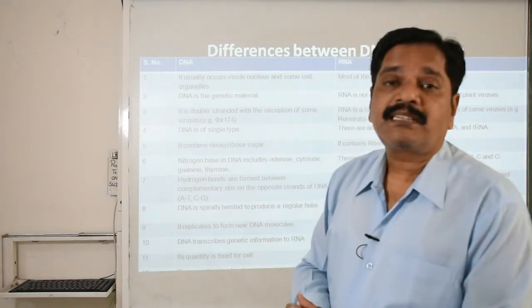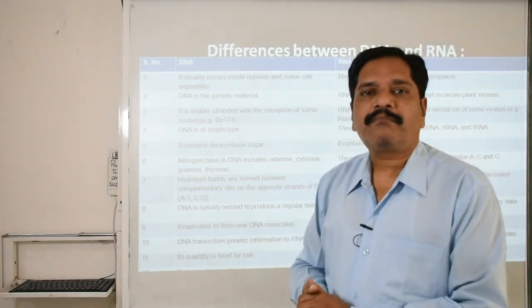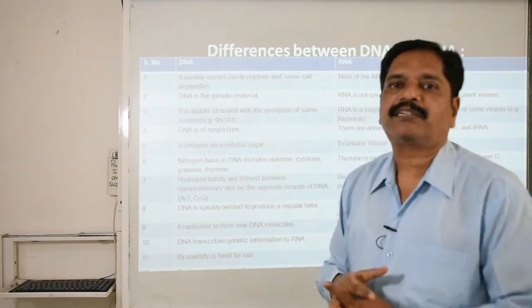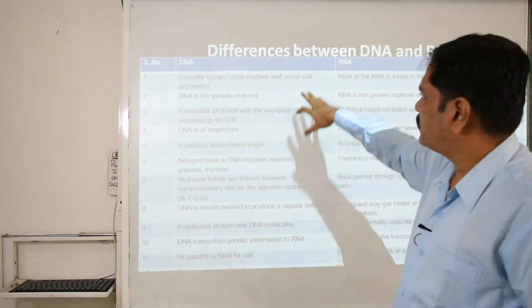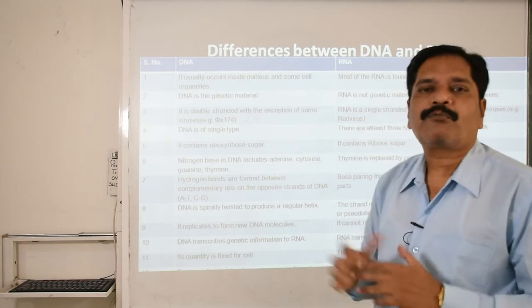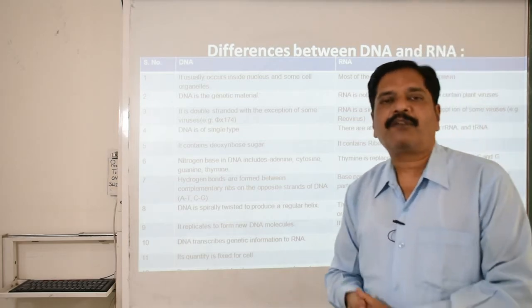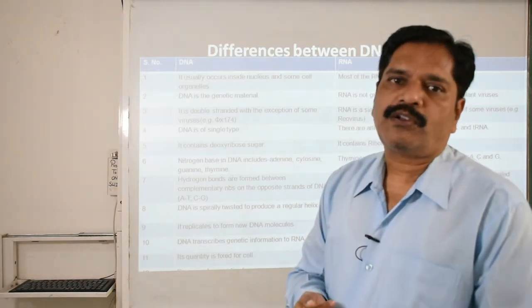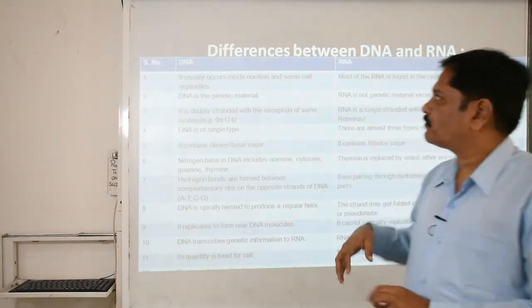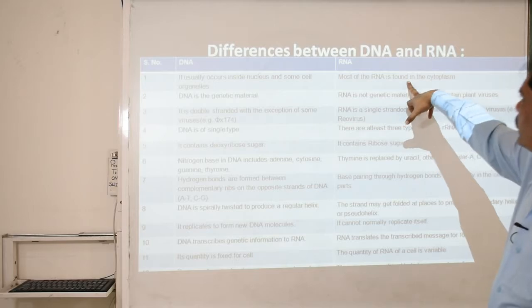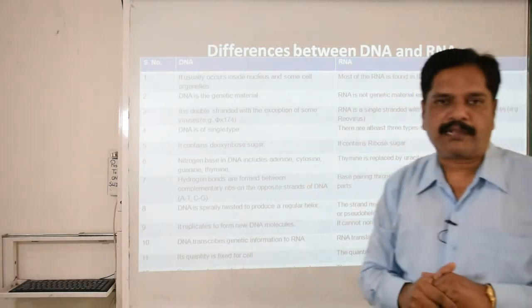This is chloroplast and mitochondria. Mitochondria is present in both animal and plant cells, while chloroplast is present only in plant cells. Now, RNA is found only in the cytoplasm.